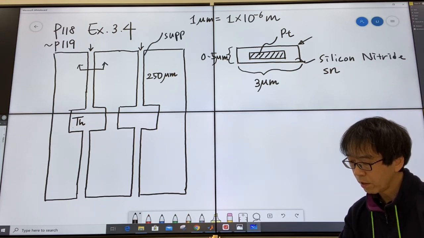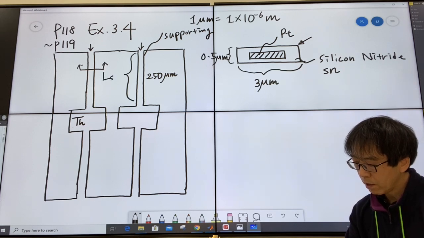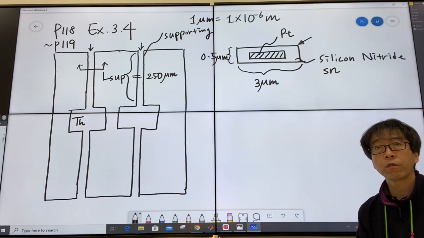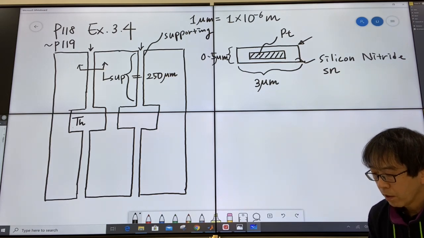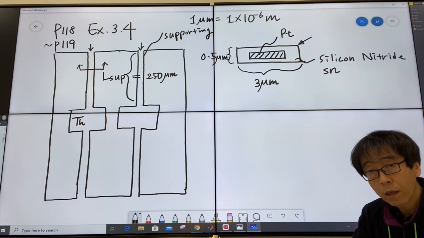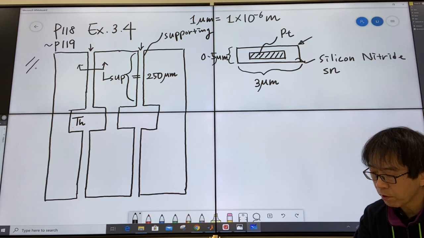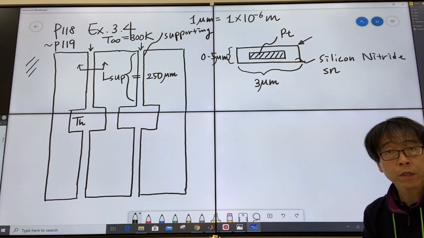I'm going to use this length as L supporting. So L supporting is 250 microns. All right, and they heat up one side, elevating the temperature up to TH, and the surrounding area, all surrounding area, the temperature is maintained at T infinity, which is 300 degrees Kelvin. 300 degrees Kelvin is reasonable, right?